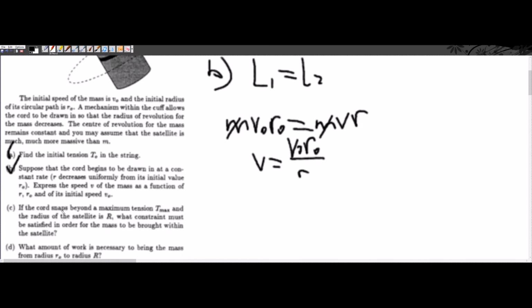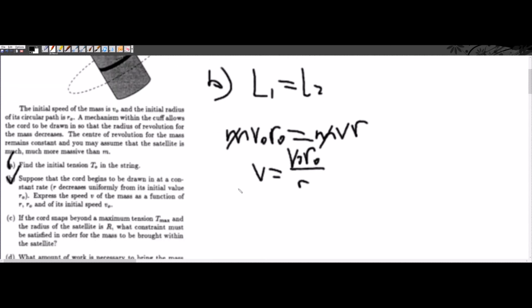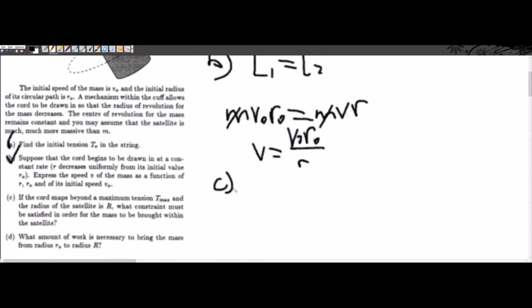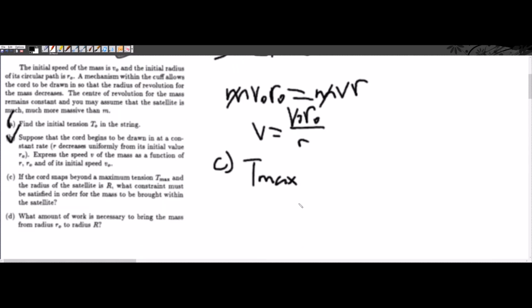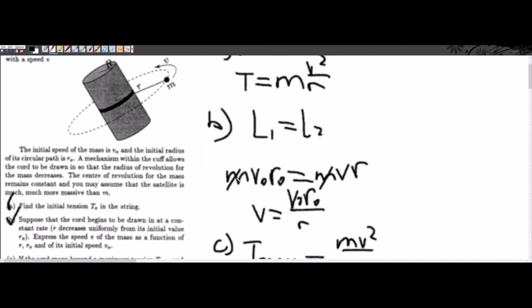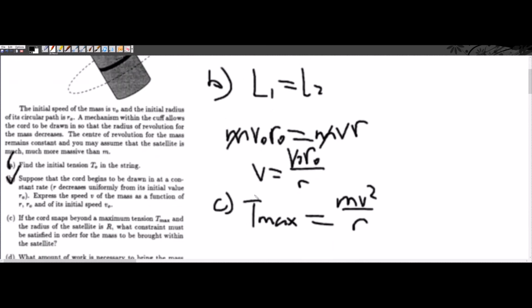Part C: if the cord snaps beyond the maximum tension T max, and the radius of the satellite is r, what constraint must be satisfied in order for the mass to be brought within the satellite? So let's see. This is your T max. T max from here is just m v squared over r. But you want the tension in the string to be smaller than T max when it's at r, going in circular motion at r.